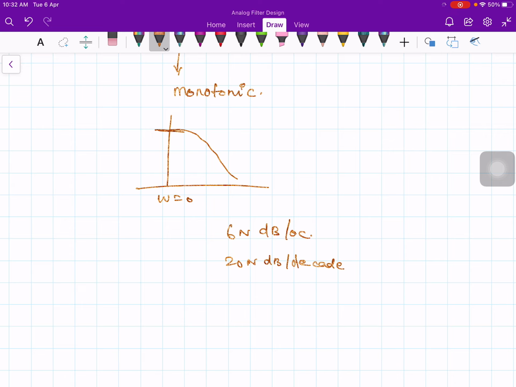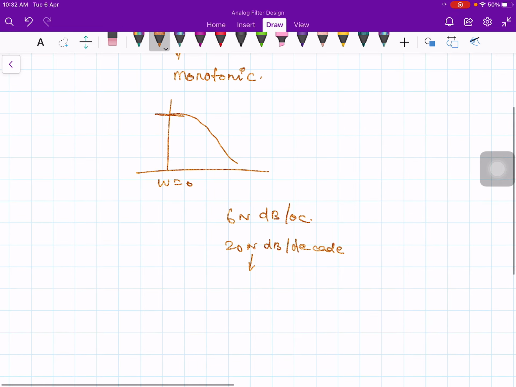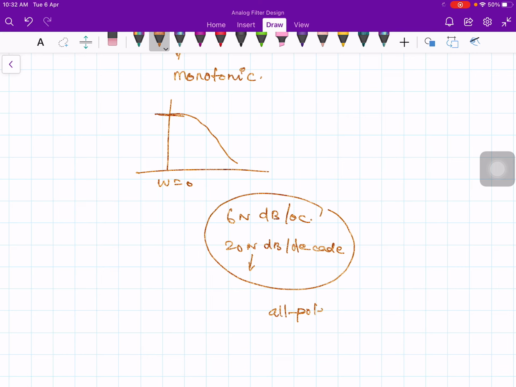Okay, and where this capital N indicates the order of the filter, and this is true not only for Butterworth filter but also for any all pole low pass filter or all pole transfer function.